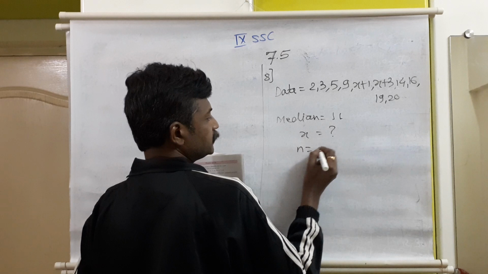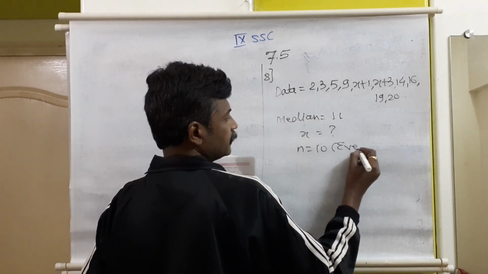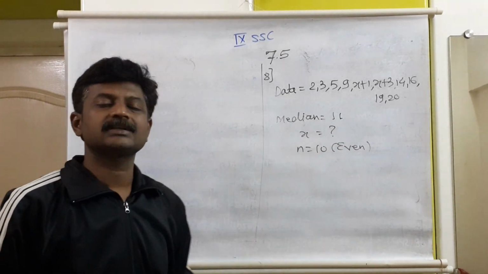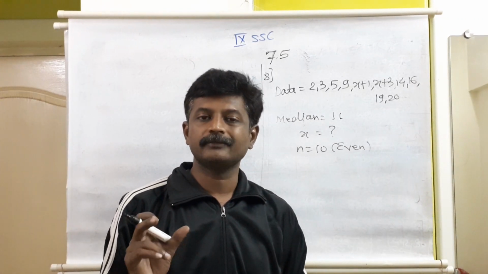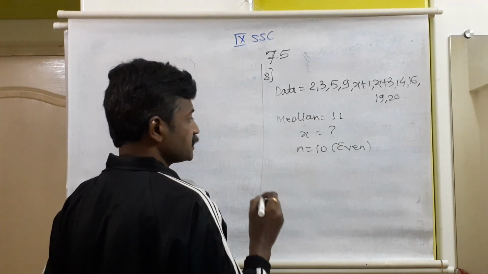So here the number of observations is 10, which is even. As the number of observations is even, we can find the median by the average of two observations. Which two observations?